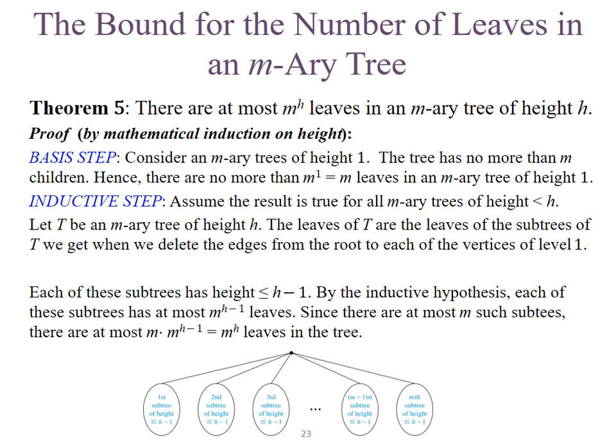Then how do we prove that we will have at most m to the power of h leaves? Remember, we need to apply the inductive hypothesis of the tree with height h minus 1 to the tree of height h. So maybe we can draw the tree like this.